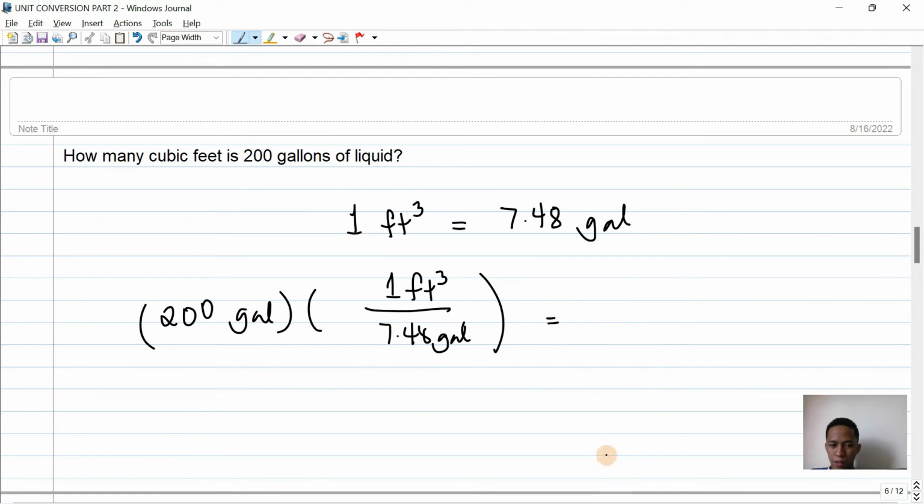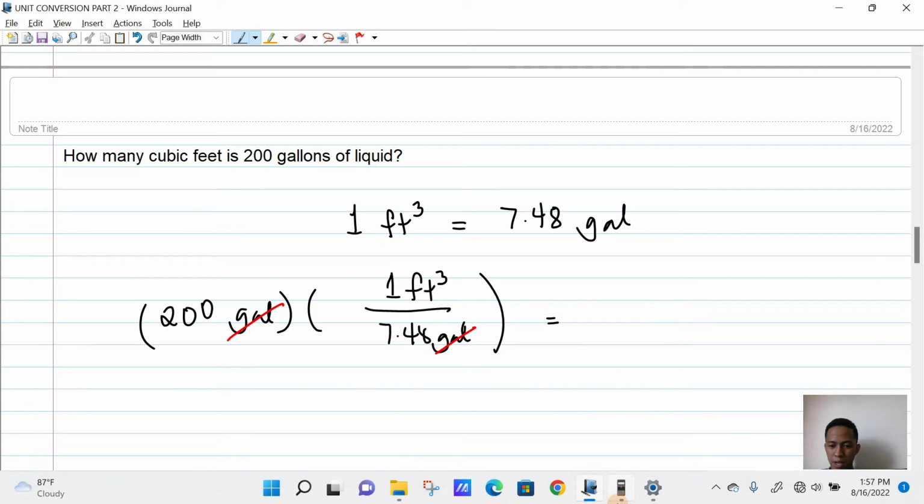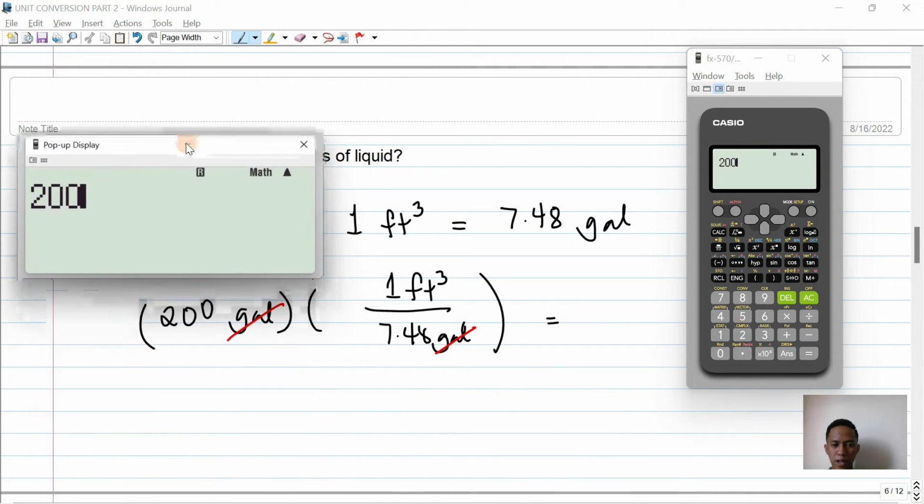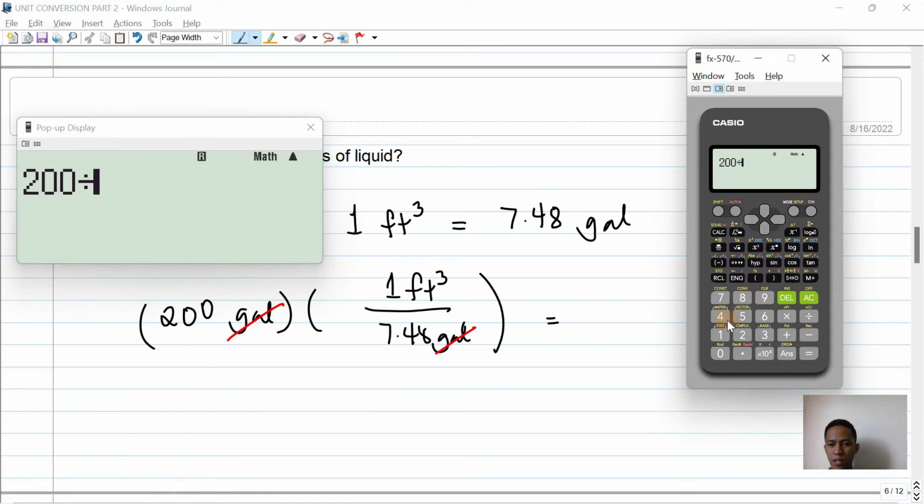Okay, so convert lang natin. So yung gallons na unit will cancel out. Okay, so 200 divided by 7.48.